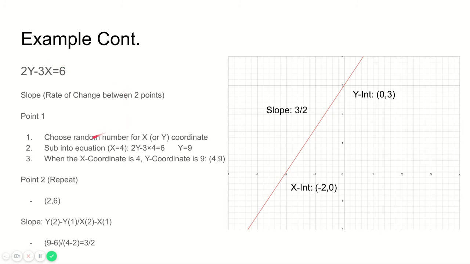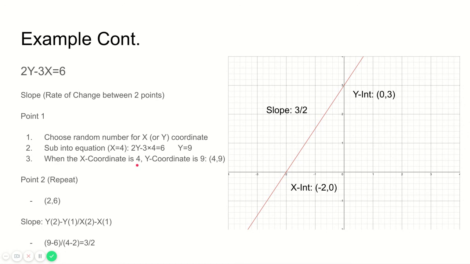As you sub into the equation, let's say, for example, I choose where on the line x is going to equal 4, I'm going to get y equals 9. So therefore, we can get our first point as 4, 9. And then for the second point, you can just repeat this process, which I got was 2, 6, just to make it easy.